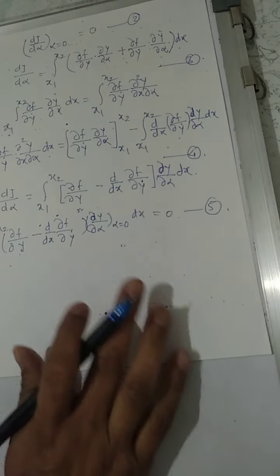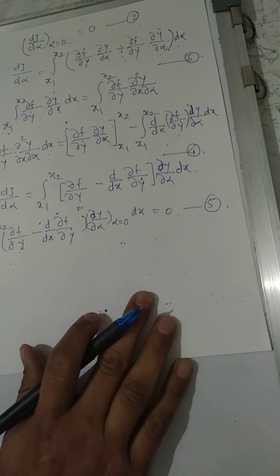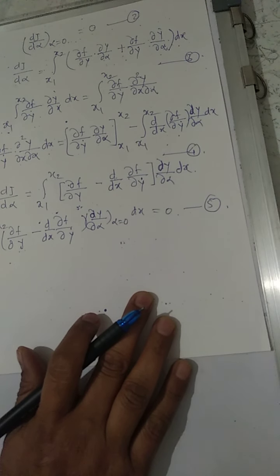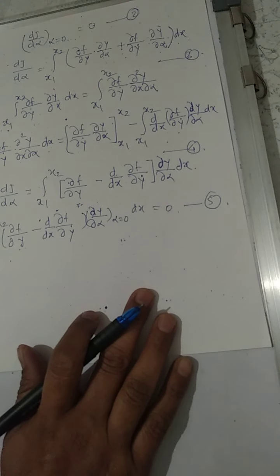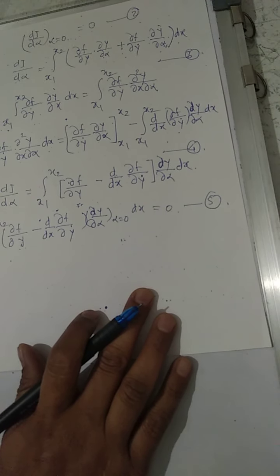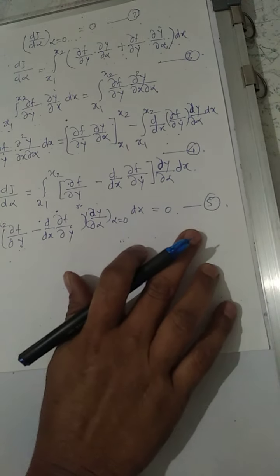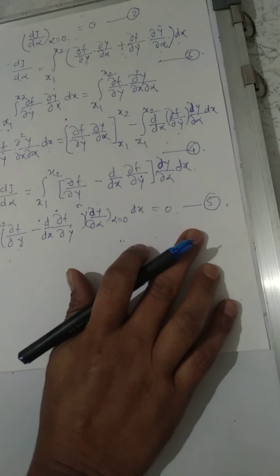In equation 5, it is a function of x that is arbitrary except for continuity and endpoint conditions. For example, for the particular parametric family of varied paths given in equation 1, it is the arbitrary function η of x, and we can therefore apply to equation 5 the so-called fundamental lemma.